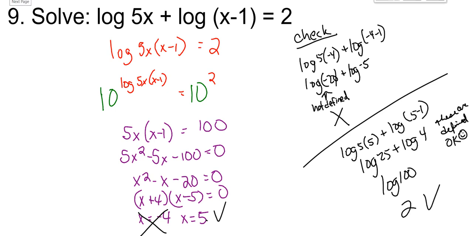And then there, our application problem. And before we do that, just a reminder, and you do need to know this for your exam when we get that far, and that is the formulas for interest.